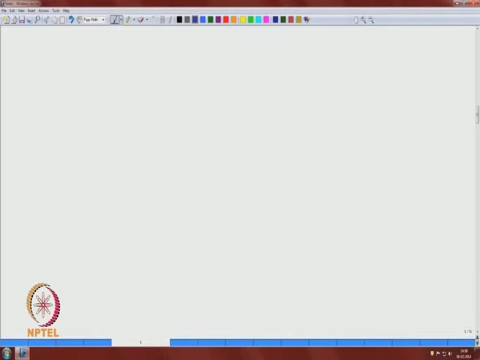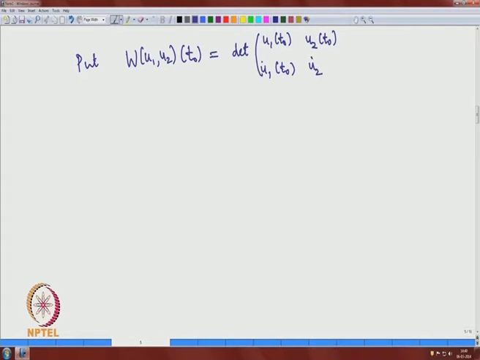Put W(U1, U2)(T0) equal to the determinant of this matrix with entries U1(T0), U2(T0), U1 dot (T0) and U2 dot (T0).